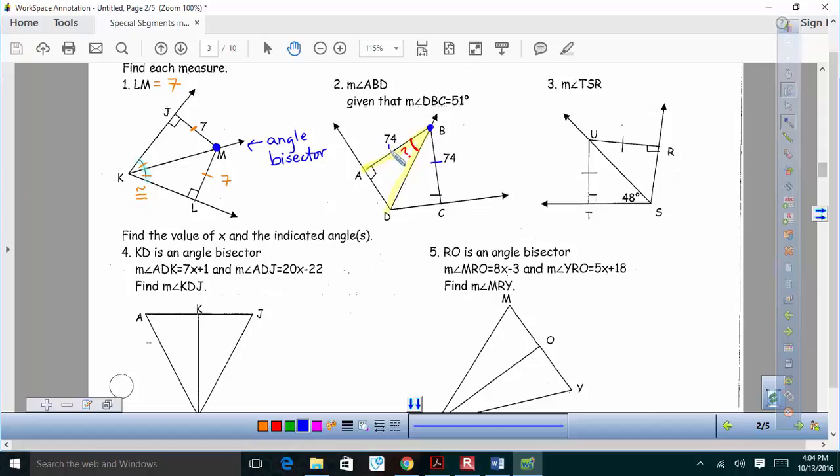So these are congruent, okay? Which means that this line right here is bisecting both these angles and they're bisecting these angles.